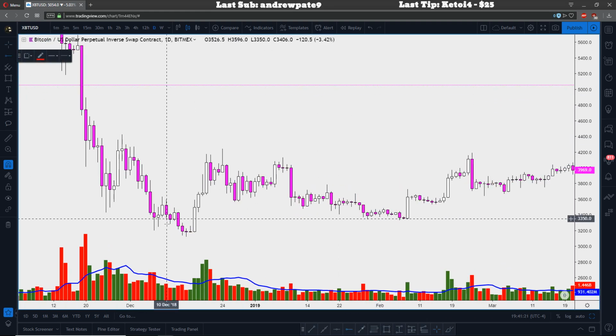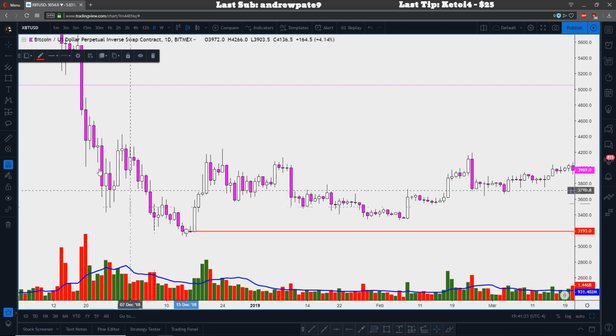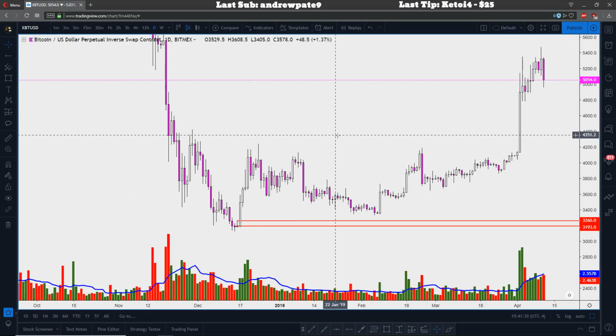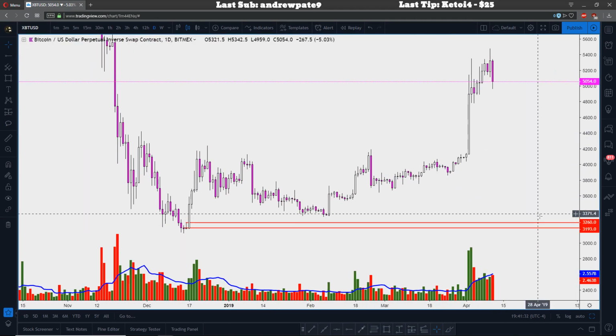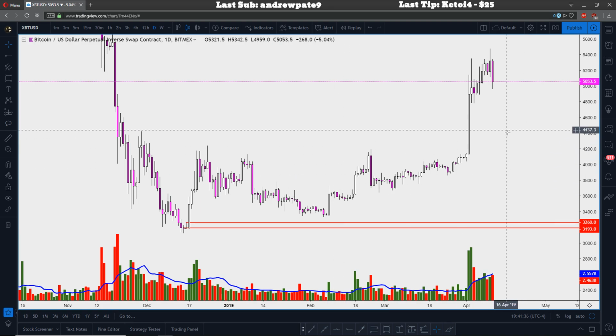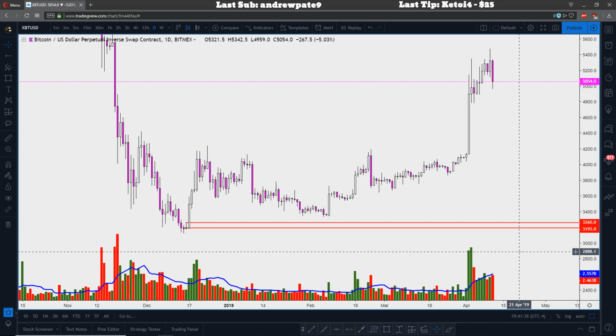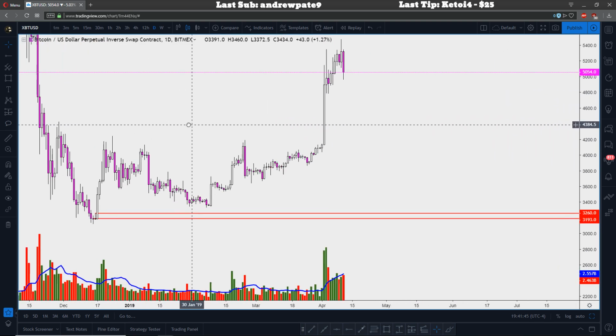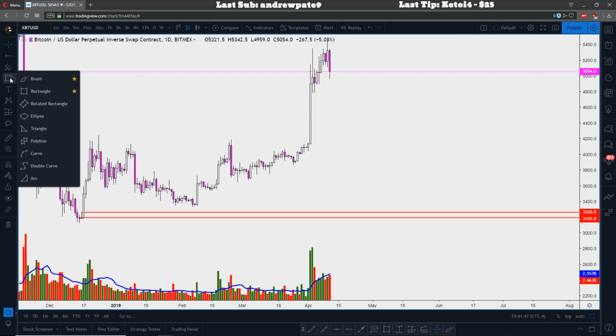So I'm not saying we will, but if we ever come back down to test the low of 2018, I can almost guarantee you that this will be the first place that we bounce. Unless it's just like some ridiculous fundamental bad news and it just crashes price. If this is just a standard price action move down, this is definitely not a prediction.